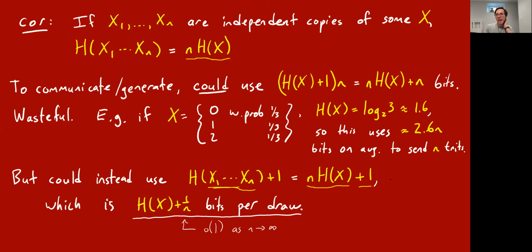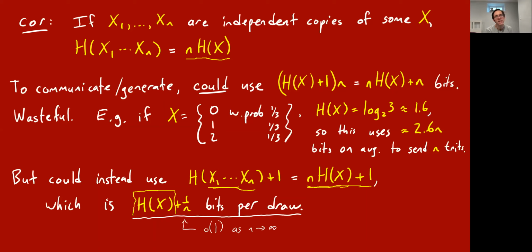Okay, so instead of plus n, we got plus 1 if we batched these draws together into groups of n. And that's kind of cool because then if you divide this quantity by n to see the number of bits per draw that you used, it's exactly the entropy plus, now instead of plus 1, plus 1 over n, which is tiny. It's going to 0, it's little-o of 1, as n goes to infinity.